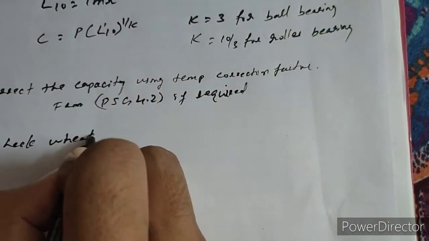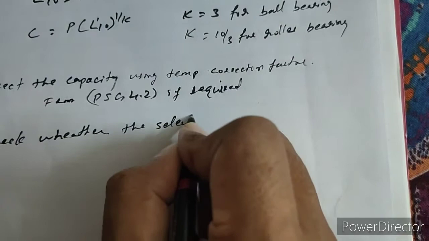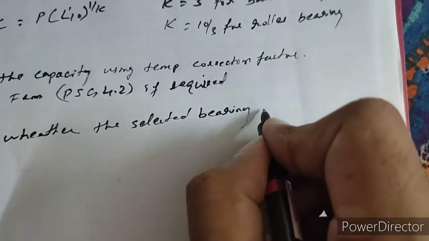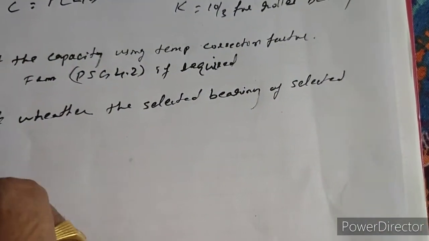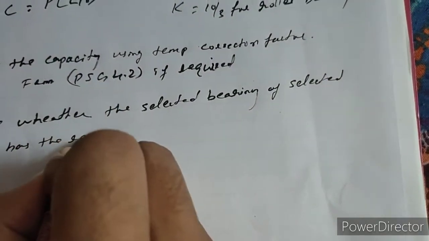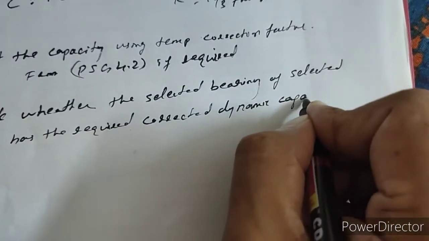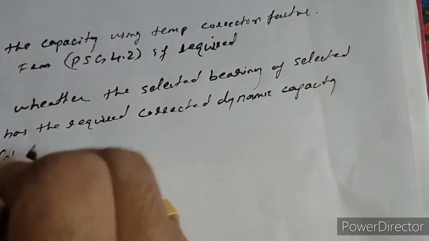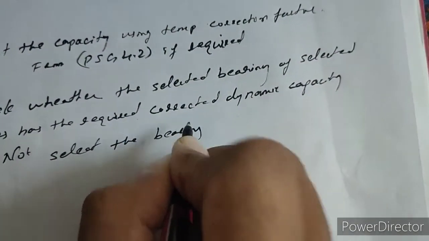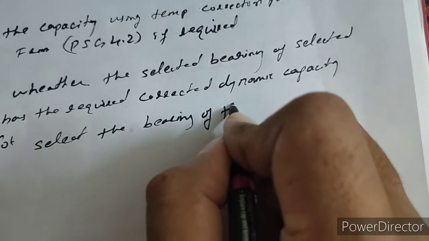Then the last step, check whether the selected bearing or series has the required corrected dynamic capacity or not. If it has the required dynamic capacity, then our selection is okay.